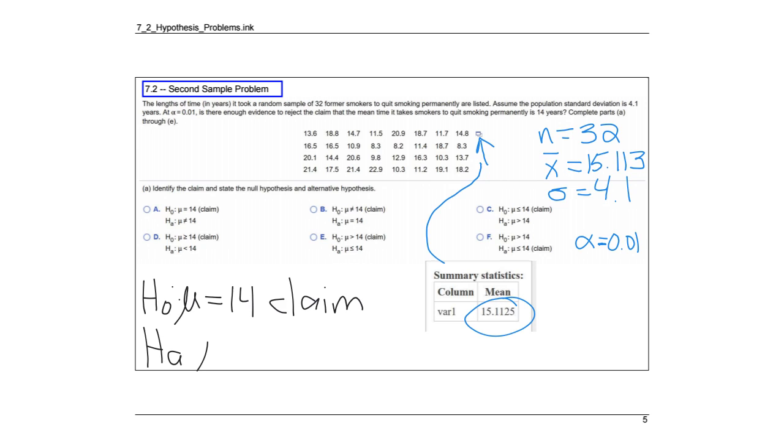And that means my alternative hypothesis is that mu is not equal to 14. Okay, so we have equal to, not equal to. Looks like that would be A, because my claim is the null hypothesis. Okay, let's keep going.